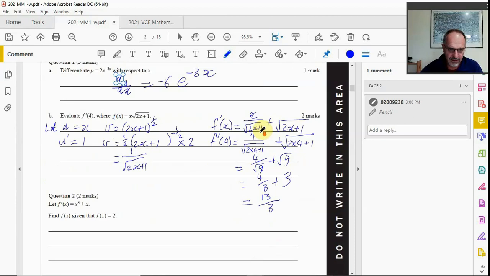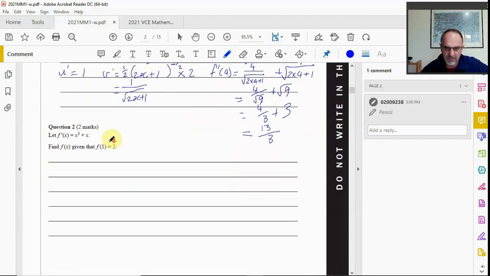All right. Okay, so 2 marks, so you have to show enough working. You would need to show how you got this derivative, i.e. with this stuff here, and of course the answer's got to be an exact value.